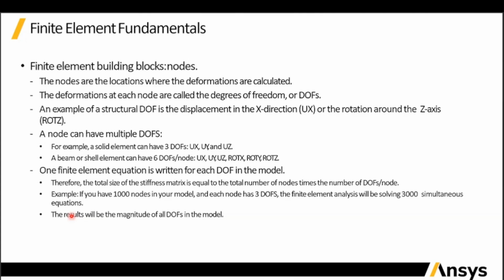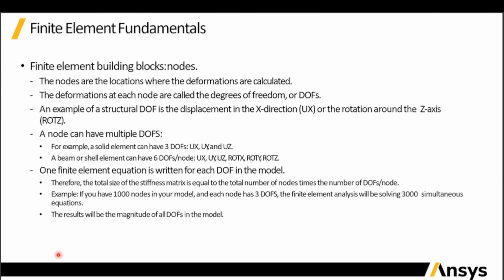Whereas a beam or shell element has 6 degrees of freedom at a node: translation in x, y, and z direction, and rotation in the x, y, and z direction.